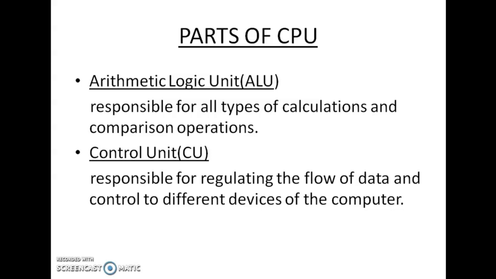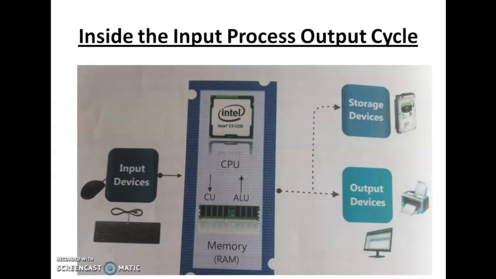So let's see what happens inside the input, process, output cycle. Here you can see input devices, CPU with its parts, control unit and arithmetic logic unit, and output devices. The CPU receives input from input devices and processes it.